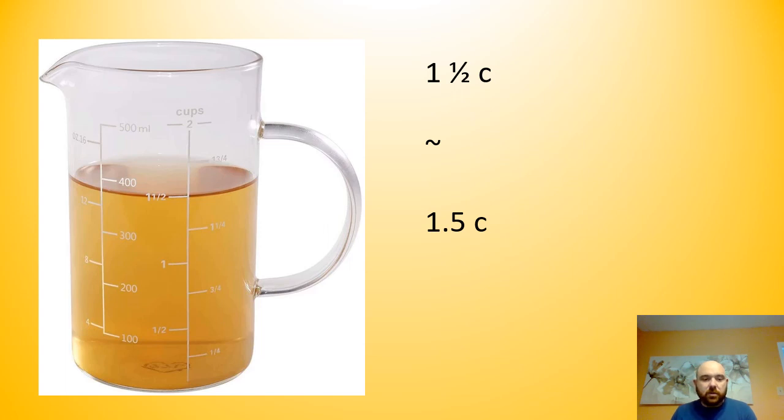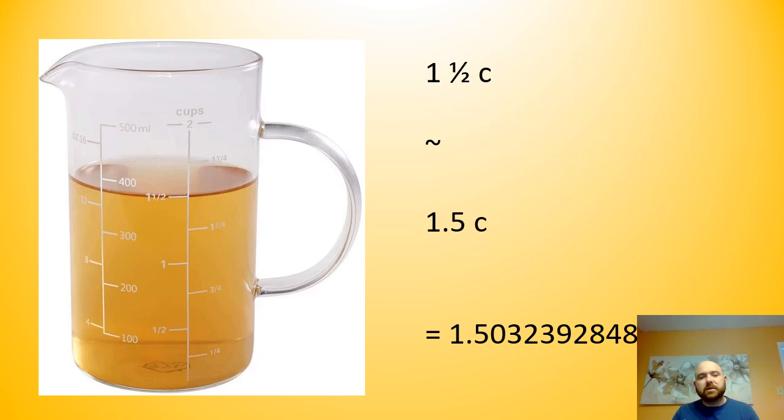But if I took this picture and showed it to you and said that there was exactly this much, 1.5032, followed by some more numbers behind the decimal, if I told you that that level of liquid was equal to this exact number of cups, you probably wouldn't agree with me, or would think that that's not possible.